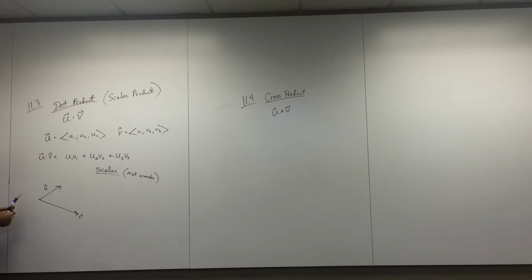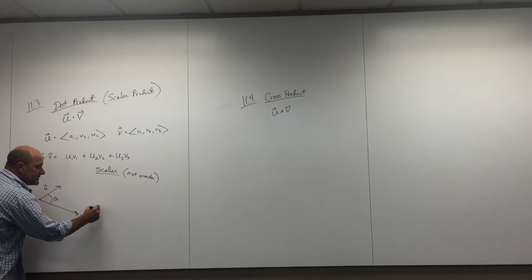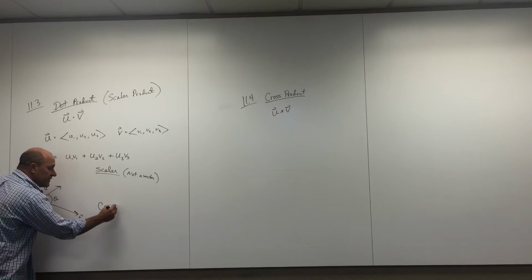And they have an angle in between them. There's an angle between the two vectors. That's not our old standard position angle of a single vector. This is called the angle between two vectors. And the dot product can help me find that angle. I'm not going to prove this formula to you, but the formula is this. This is a good one. You need this one for tests.